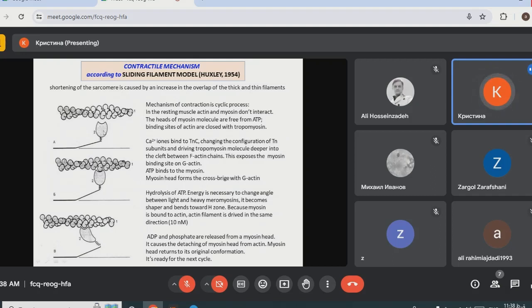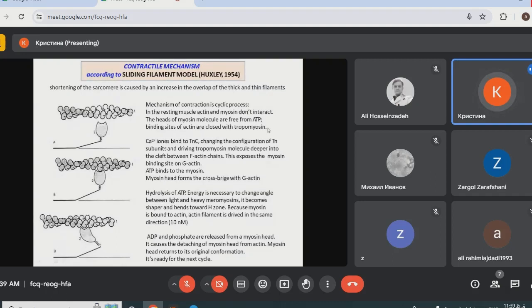This is the head of the myosin molecule, it is its neck and it is its tail. It cannot attach to actin because the actin binding site is closed, it is covered with the troponin molecule.